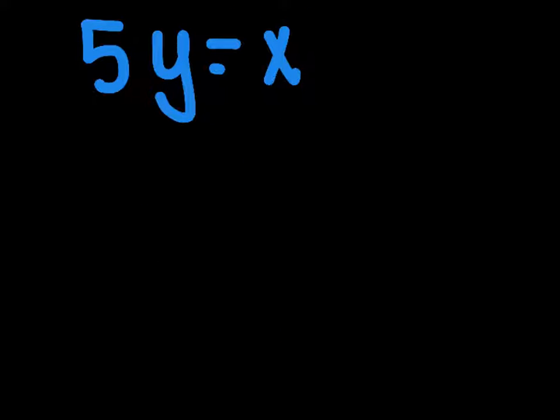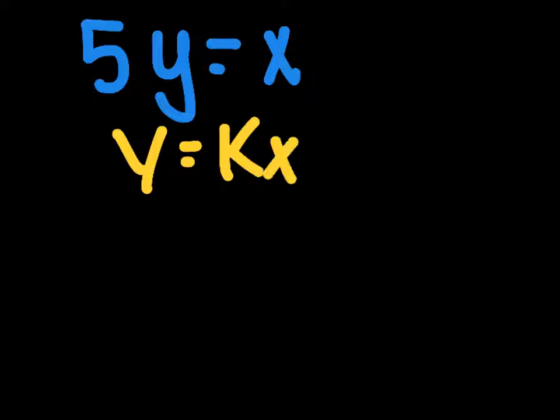Okay, so they want us to tell whether x and y show direct variation, inverse variation, or neither, and explain our reasoning. So if we have 5y equals x, what we want to do is see if it becomes y equals kx or y equals k over x.